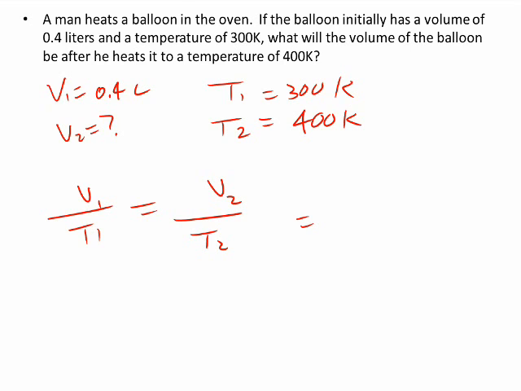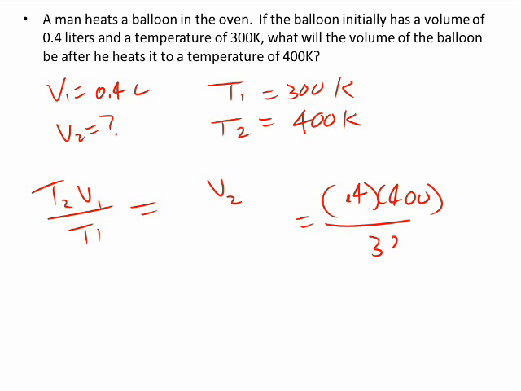Now we can just plug in. We're solving for V2, so this goes over here, T2 times V1 over T1, that is 0.4 times 400 over 300, that comes out to be 0.5 liters, so half a liter.